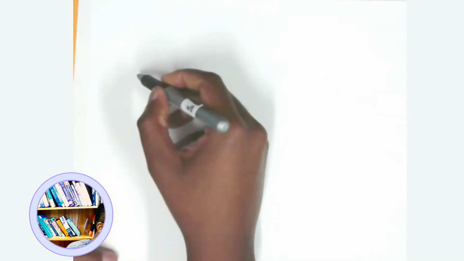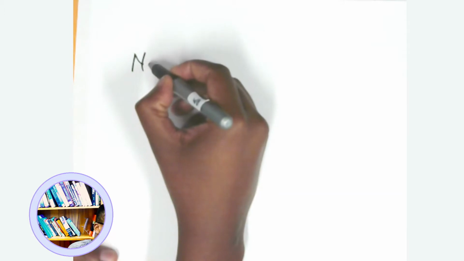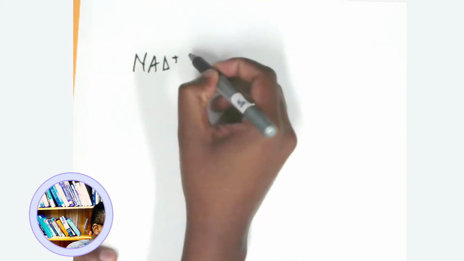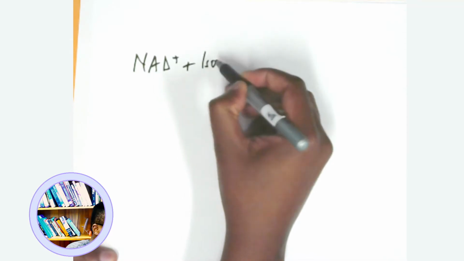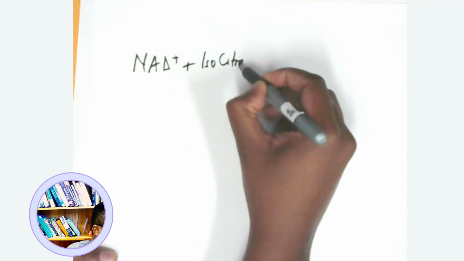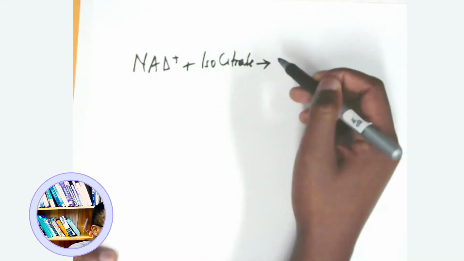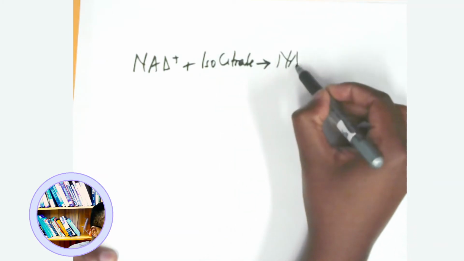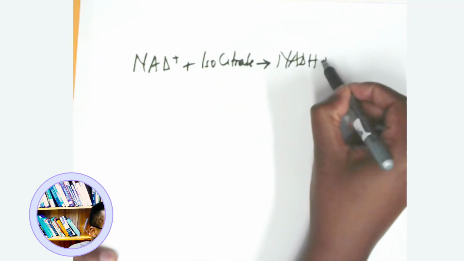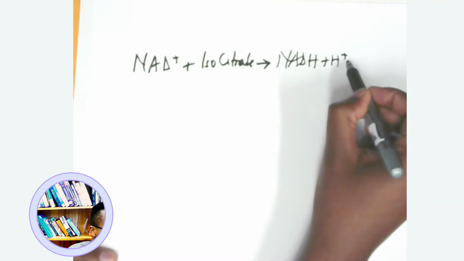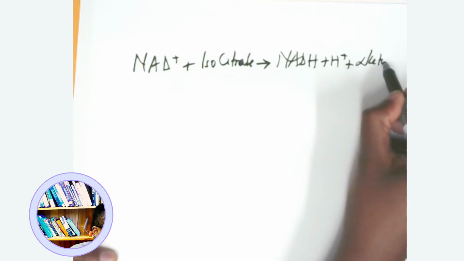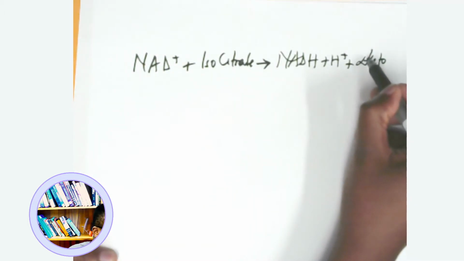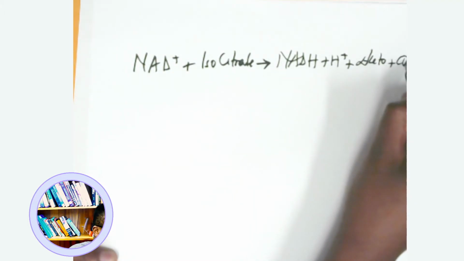Let's write it down and see what we got here. NAD plus isocitrate gives you NADH plus H plus alpha ketoglutarate, and then plus CO2.